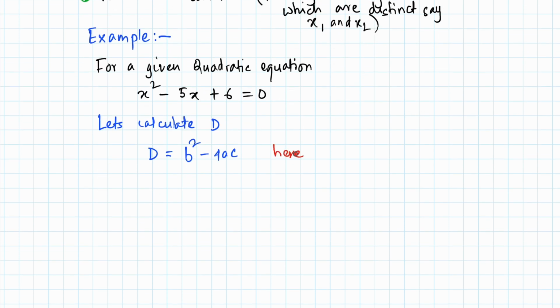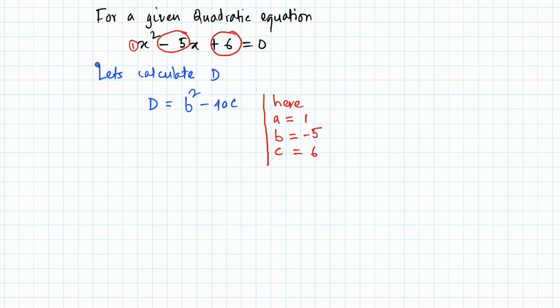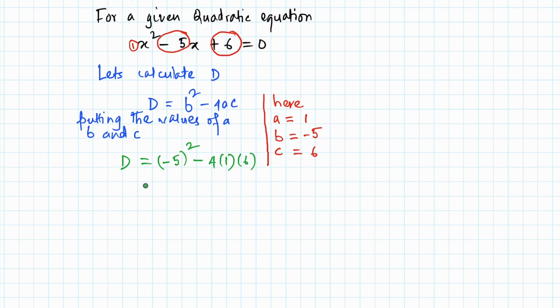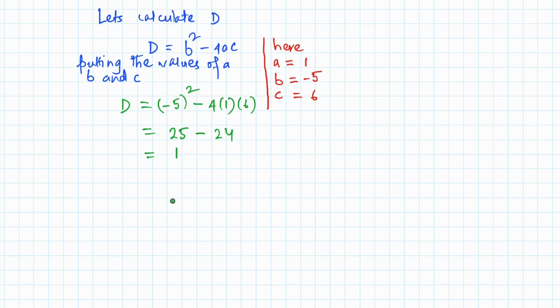From this quadratic equation, we find a is equal to 1, b equal to minus 5 and c equal to 6. So first you have to correctly assign these constants, and then put the values in the formula. D is equal to b square minus 4ac, which is minus 5 square minus 4 into 1 into 6, that is 25 minus 24. So the value of D is positive 1.